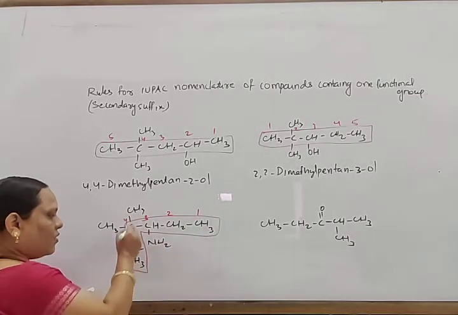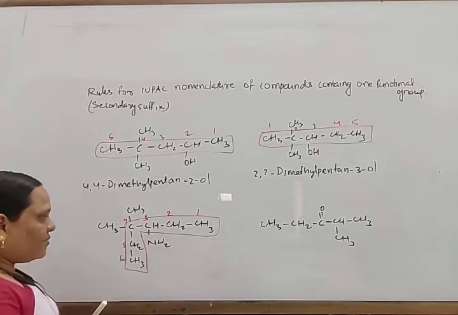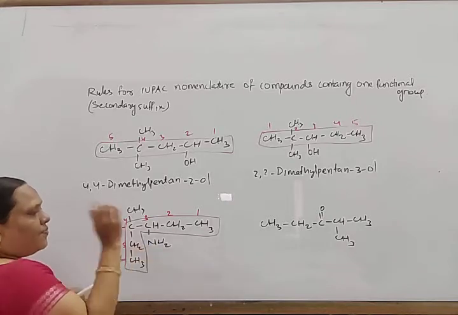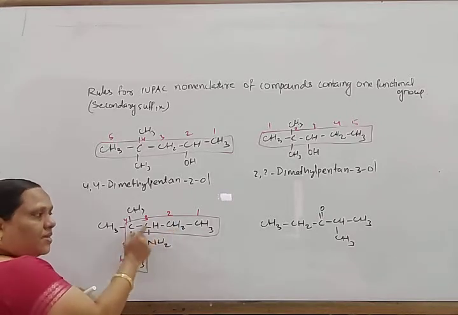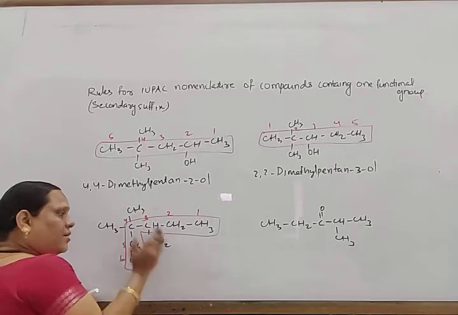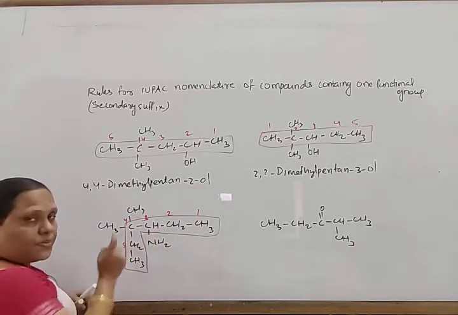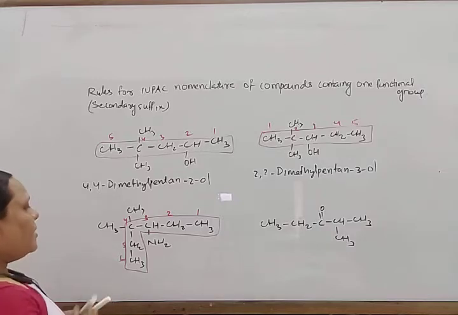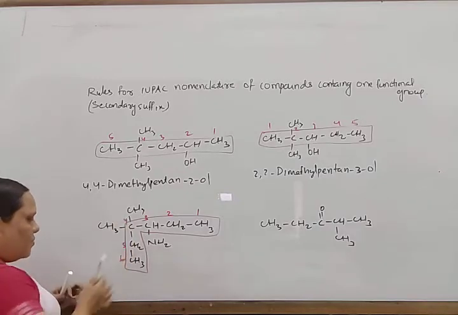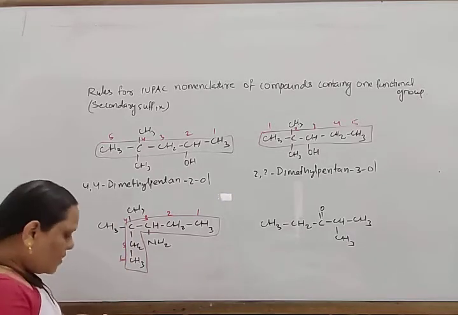So first make the long chain containing the functional group carbon, then give the lowest position to this functional group. In this way, at position 4, 2 substituents are there. Then what is the name of this compound?